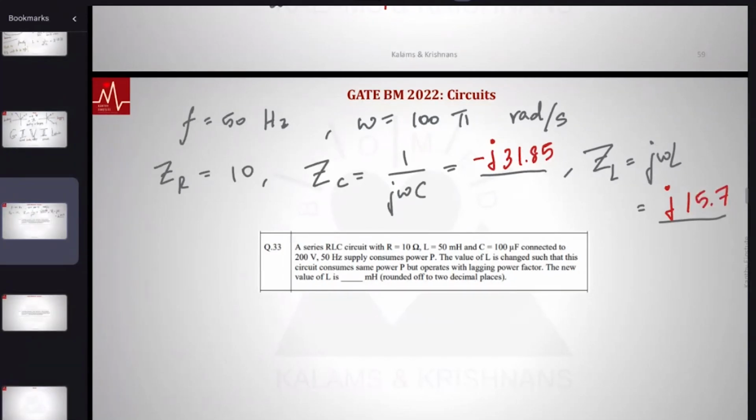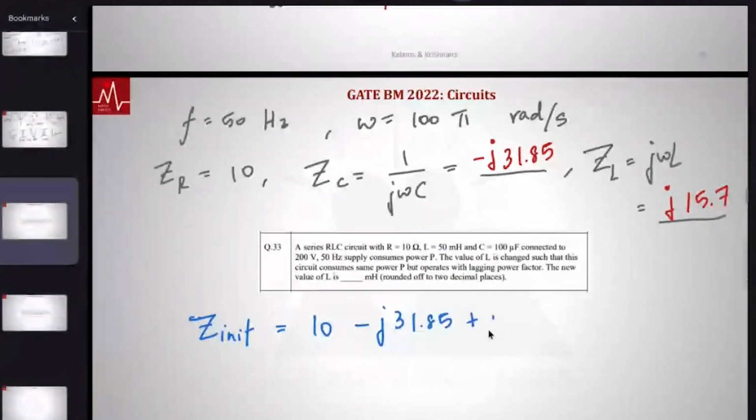So Z initial is 10 minus j into 31.85 plus j into 15.7. This is 10 minus j into 16.15. This is your Z initial.